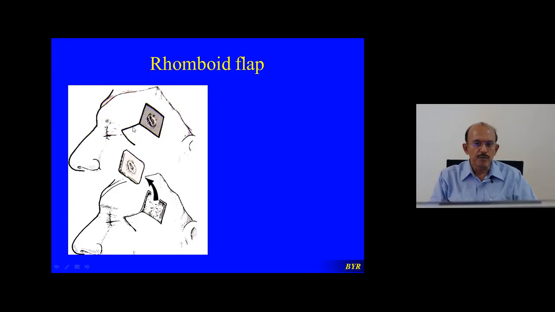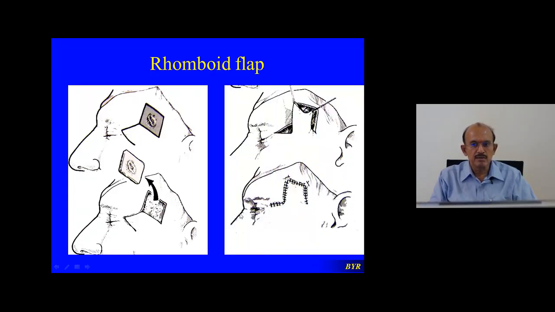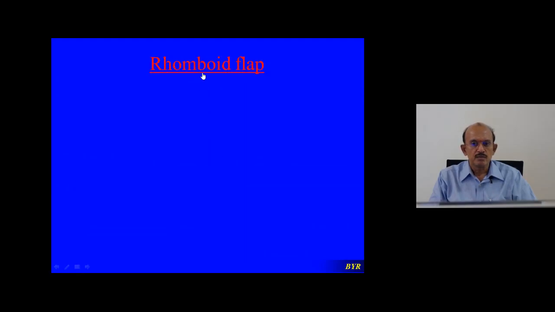So another flap, you take it here, then you turn it like this and suture it. So this is the rhomboid flap. Do you want to see the rhomboid flap also? A video clipping?